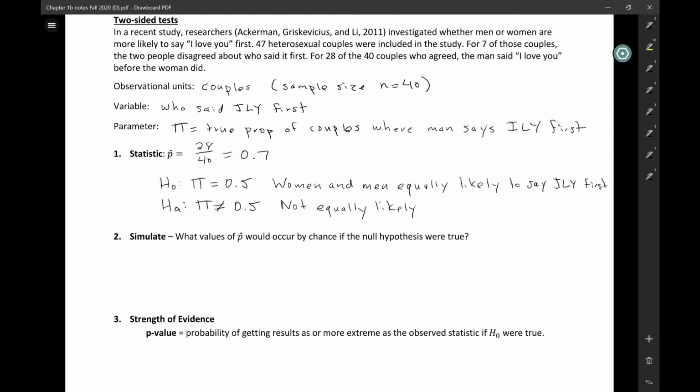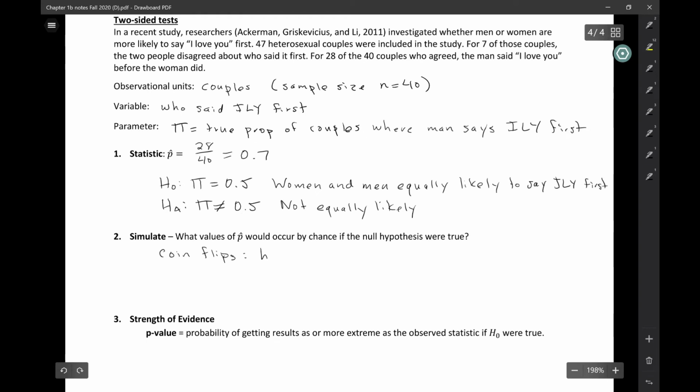At the simulate step, we want to know what values of p hat would occur if the null hypothesis were true. Because the null hypothesis is about being equally likely, we can just set this up with a coin flip.